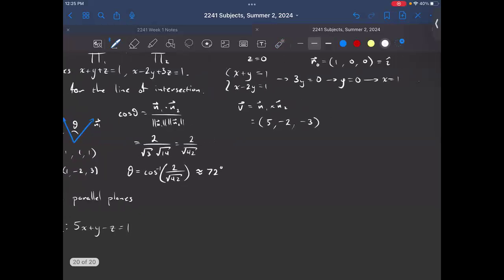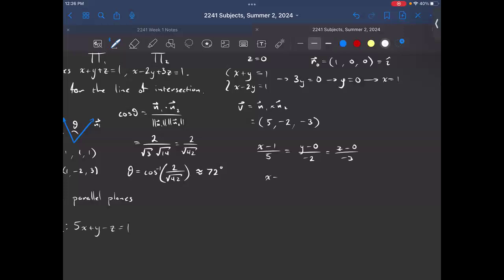All right. So now we have exactly what we need, our starting point and our direction numbers. And at this point, if you remember the symmetric equations formula, you can just jump directly into that. So we have x minus 1 divided by our direction number 5, and that should be equal to y minus 0 divided by our direction number negative 2, equal to z minus 0 divided by our direction number negative 3.